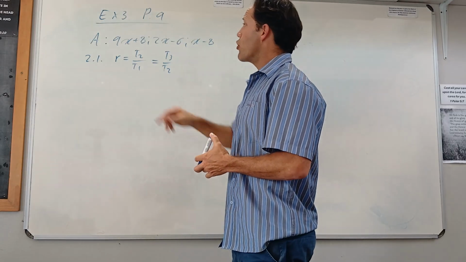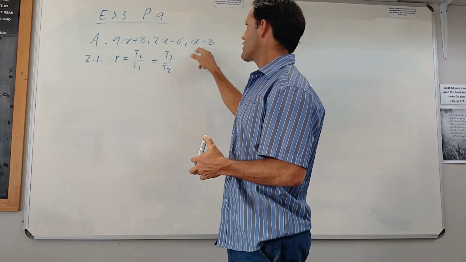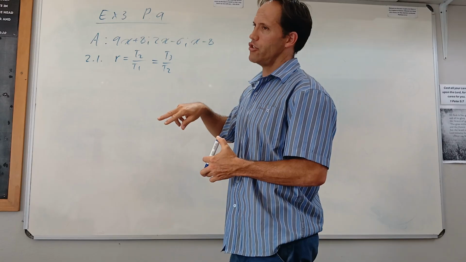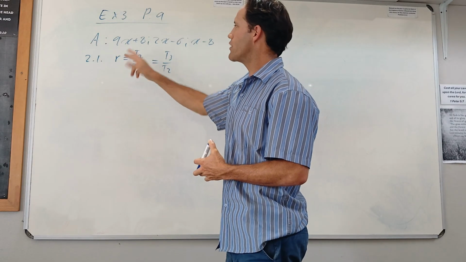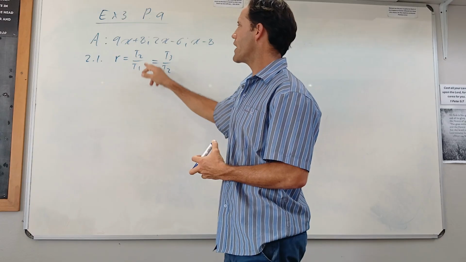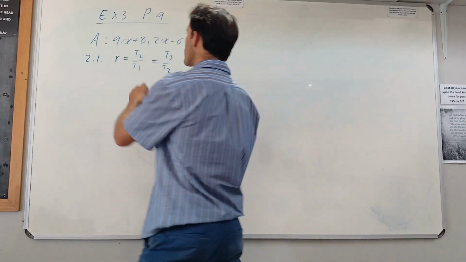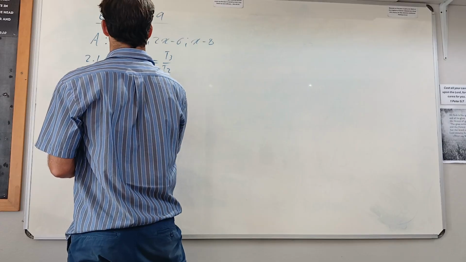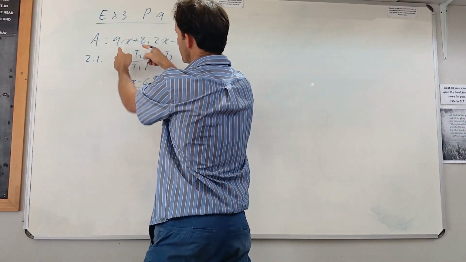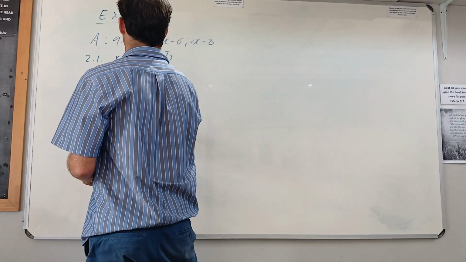So if they say for which values of x will it be geometric, you must figure out what values of x will work, and the way you figure it out is to check when I divide, how can I get the same? So there's my second term, 2x minus 6, and I divide by the first term, 9x plus 8.